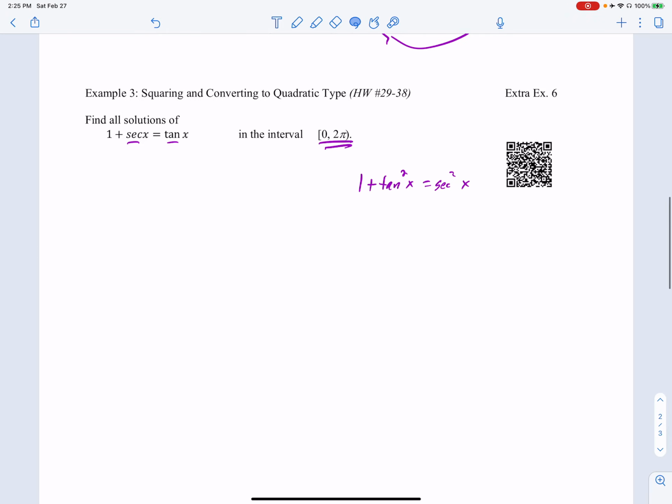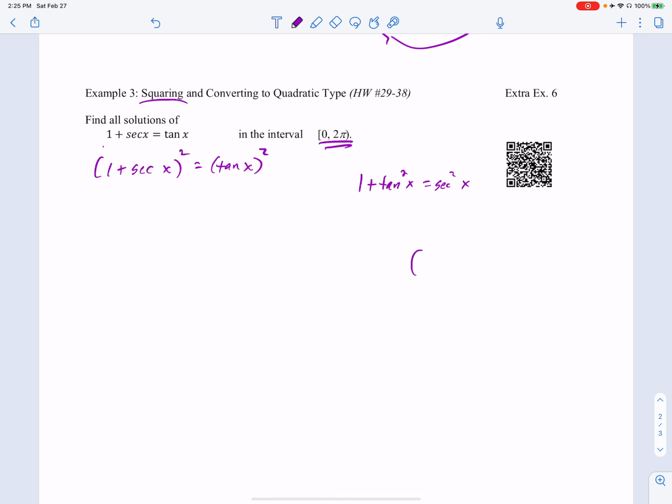We are going to be using the 1 plus tangent squared equals secant squared. We're just not quite ready for it because that's why we have this need to square both sides, so we can get some tangent squareds and secant squareds. So now I'm going to square both sides. Now when I square both sides, I can get some extraneous roots, so I need to make sure I check answers at the end.